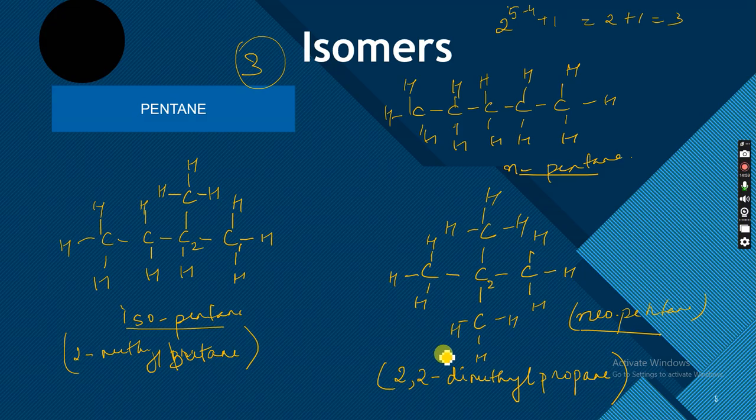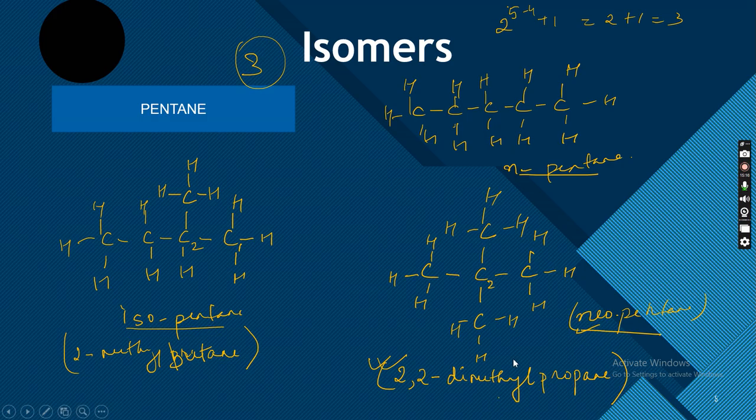For your knowledge I have given this in detail. In the exam you just have to write iso, neo and n; no need to remember all this. This is for your reference, how to name these compounds.